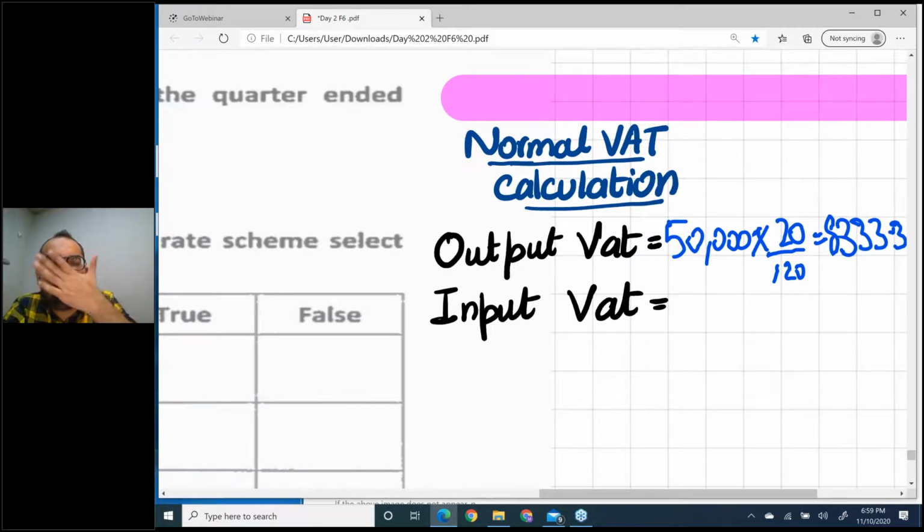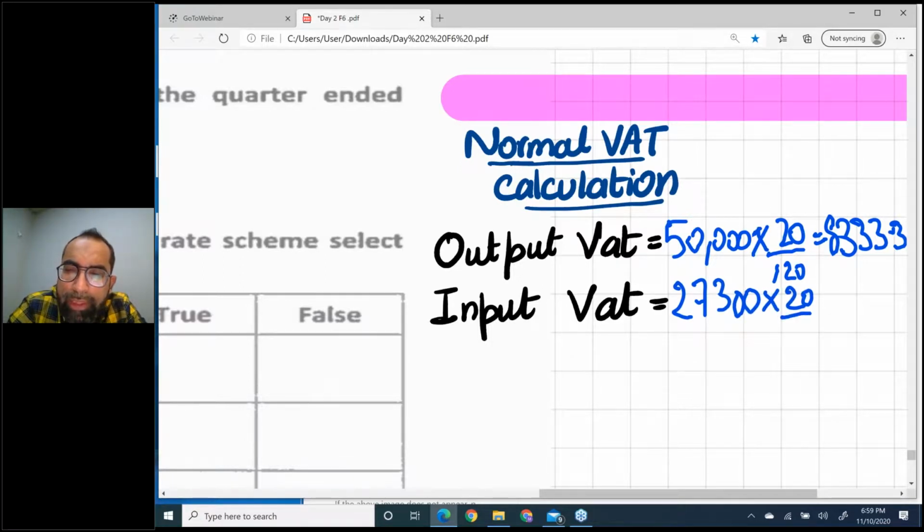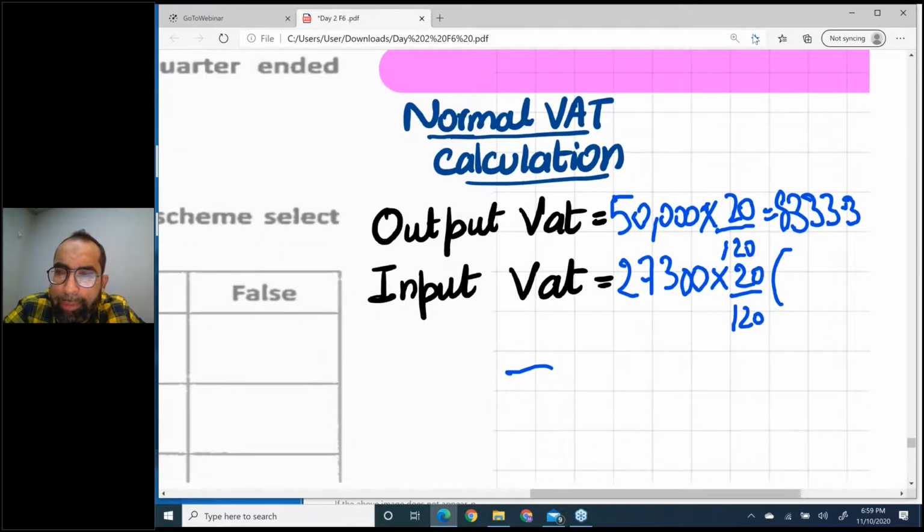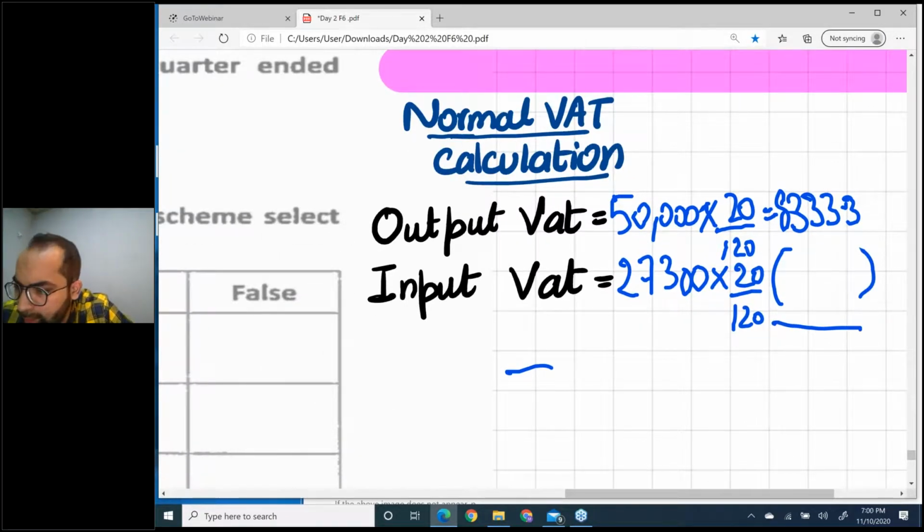So in normal VAT return working, without flat rate scheme, yes, we claim input VAT on standard rated expenses. So 27,300 multiplied by 20 upon 120. This is the amount of input VAT we are going to claim. 27,300 divided by 6 is 4,550.